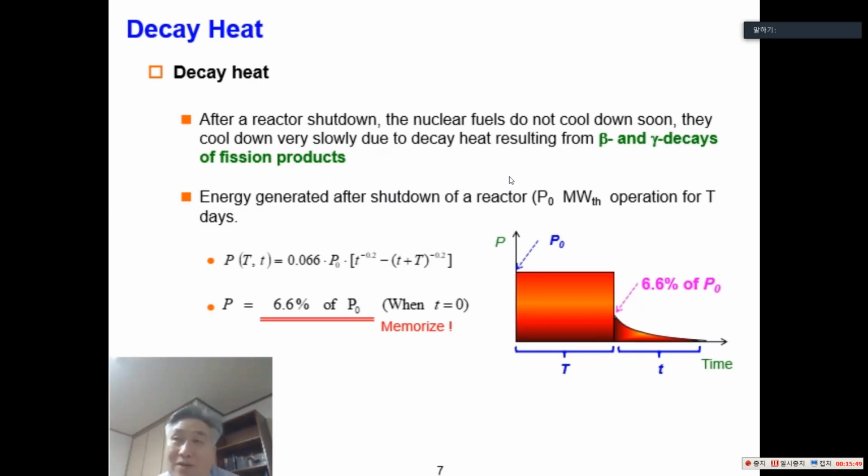So let's think about the thermal power. Thermal power is about 3 times larger than the electric power. So the thermal power is 3,000 megawatt, right? 3,000 megawatt. So let's think about just 6.6% of 3,000. So let's calculate this.